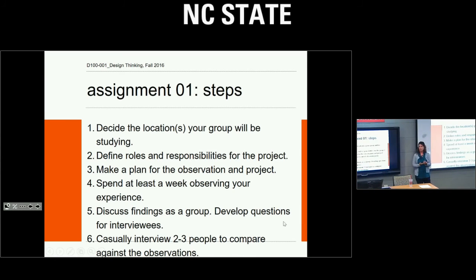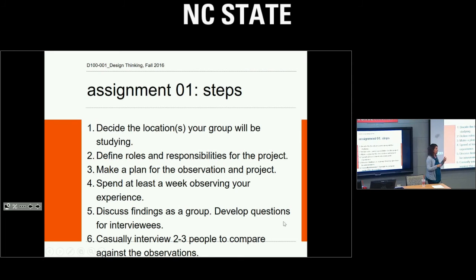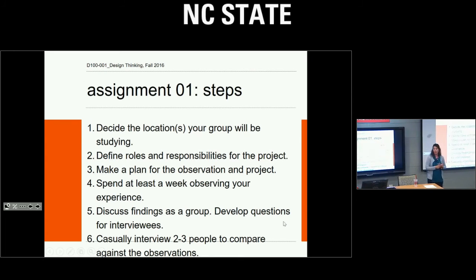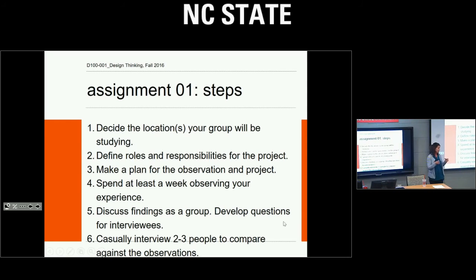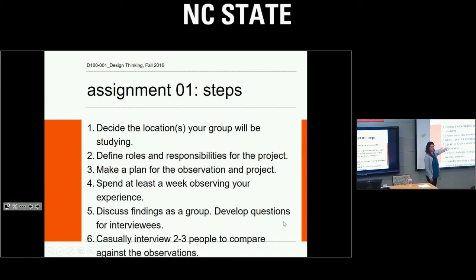Define roles and responsibilities for the project. One person is probably going to be the one that keeps everybody on track and makes sure that things are done when they say they're going to be done. Another person might be in charge of compiling all of the data and editing it. And another person might be the proofreader. So define what those roles and responsibilities are with your group.